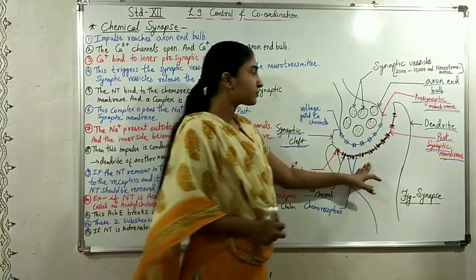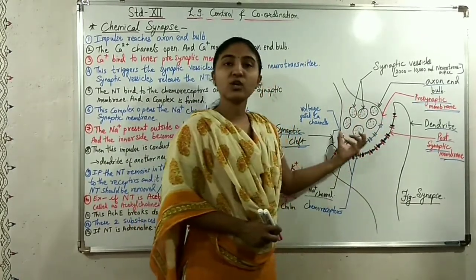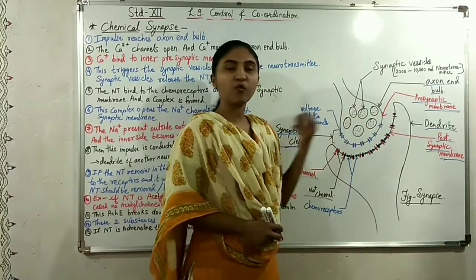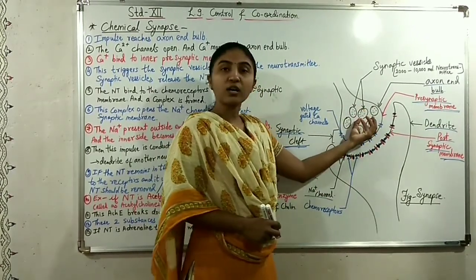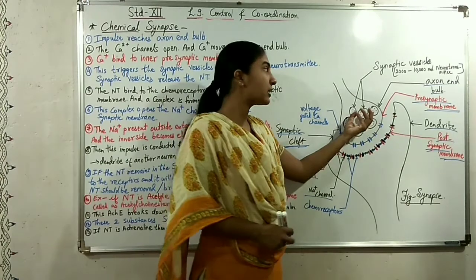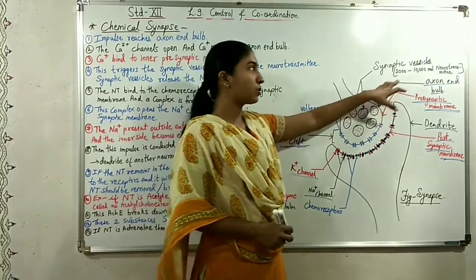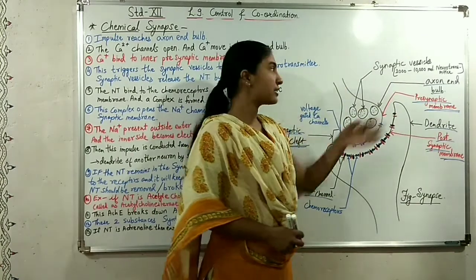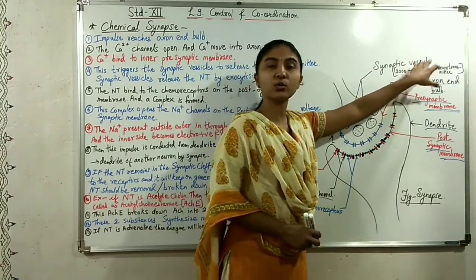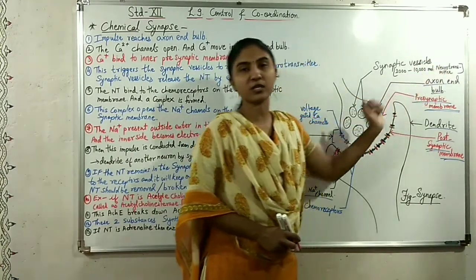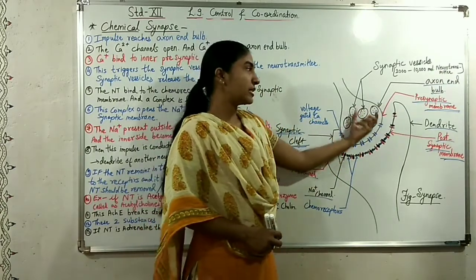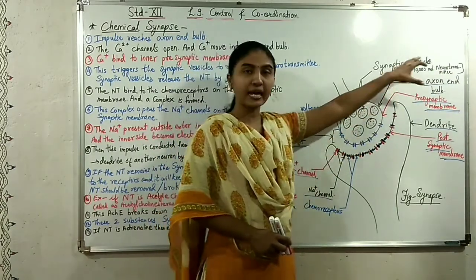Now here, in the axon end bulb there are circular vesicles, and these vesicles have neurotransmitters. Each vesicle has about 2000 to 10,000 neurotransmitter molecules in it. These vesicles are called synaptic vesicles.